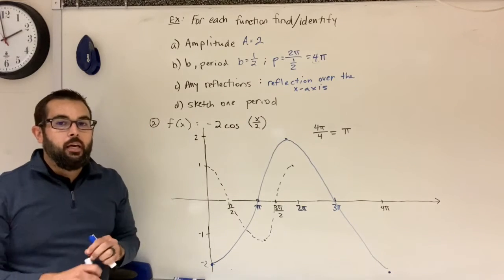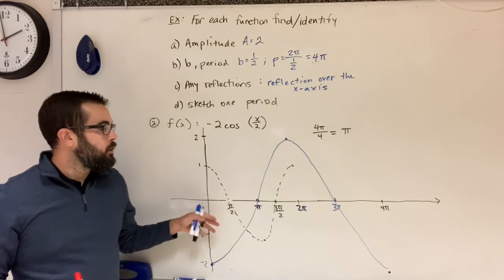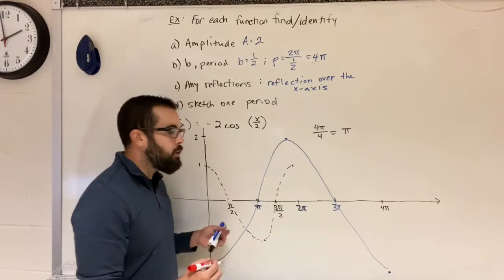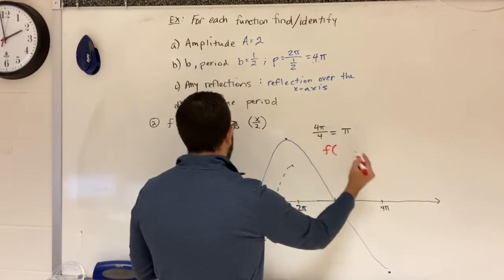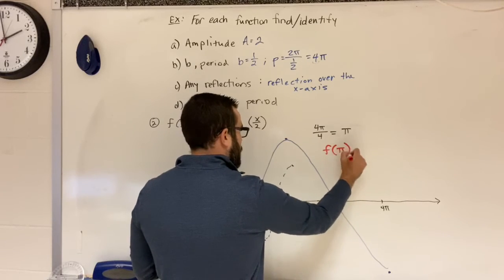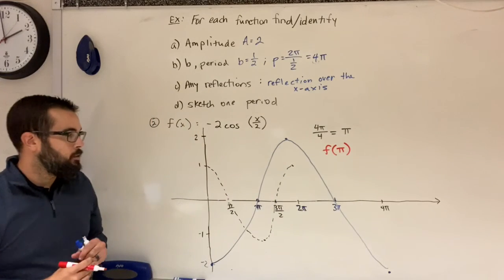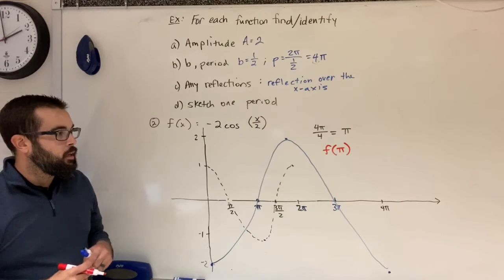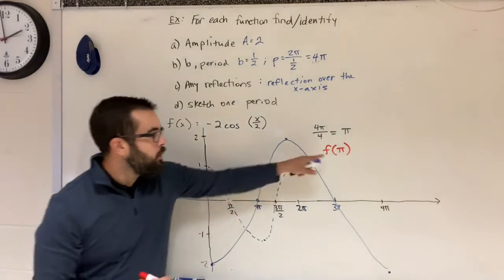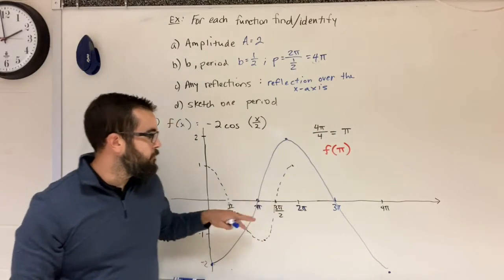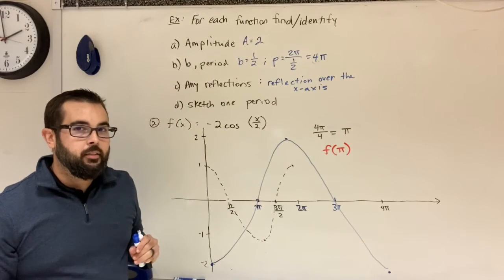Now on your assignment, I'm going to ask you to verify your graph by evaluating the function at different points. So for example, if I was to say evaluate f of pi, okay, using the equation, not using your graph, use your equation because we want our equation to verify our graph to make sure that we're doing the right things here.